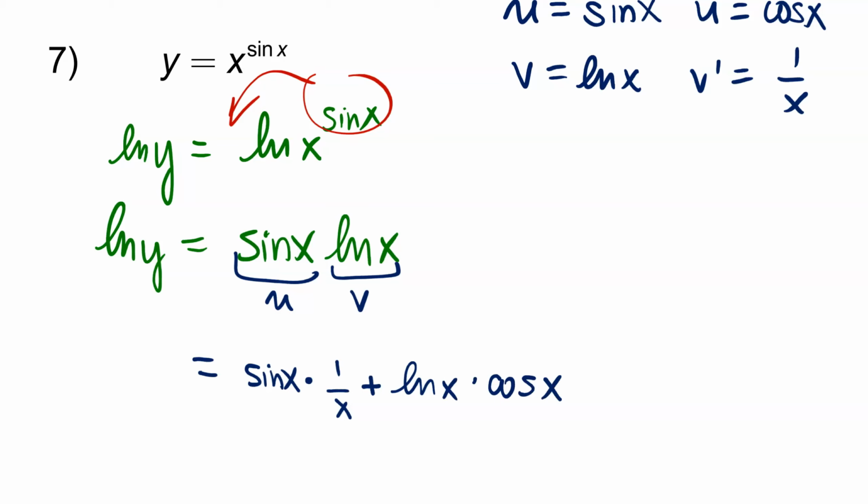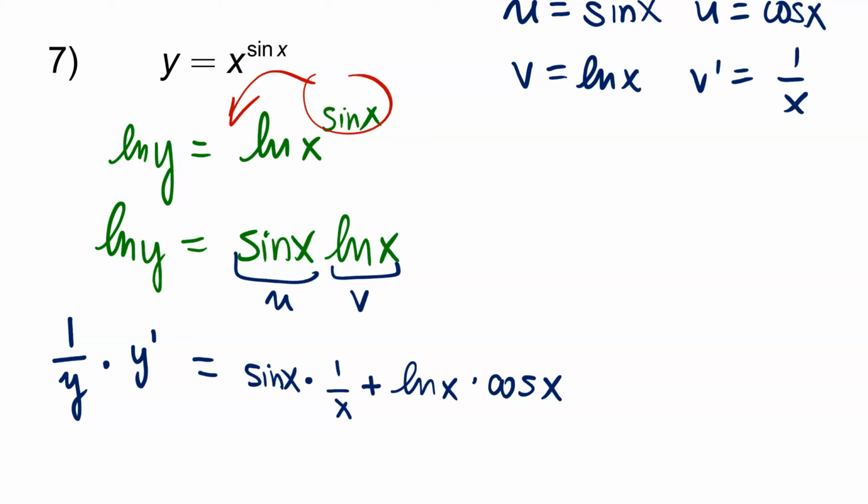The left side's trickier, because logarithmic differentiation uses implicit differentiation, because we're taking the derivative with respect to x. But wait, I have y on the left side, right? I have a function of y. So the derivative of ln is 1 over y times, y itself is a function of x, so I have to say times y prime.